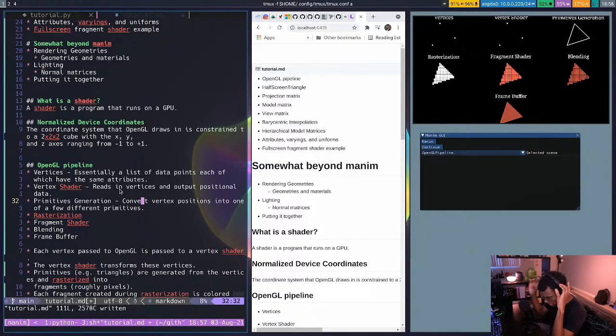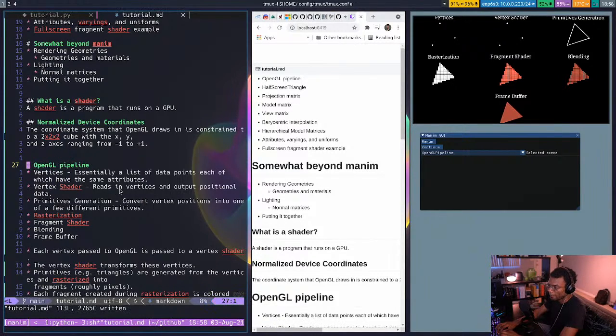Pretty much it's like rewriting and accommodating the new API. But as far as what the vertex shader does, what the fragment shader does, that stuff will probably be the same regardless of what API you use.